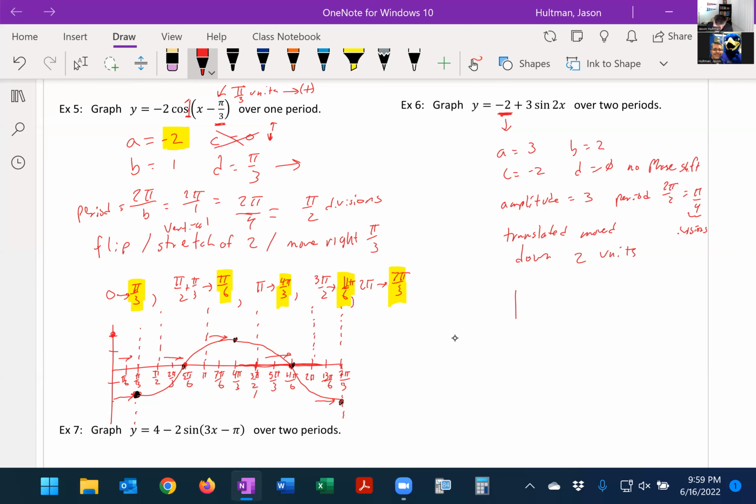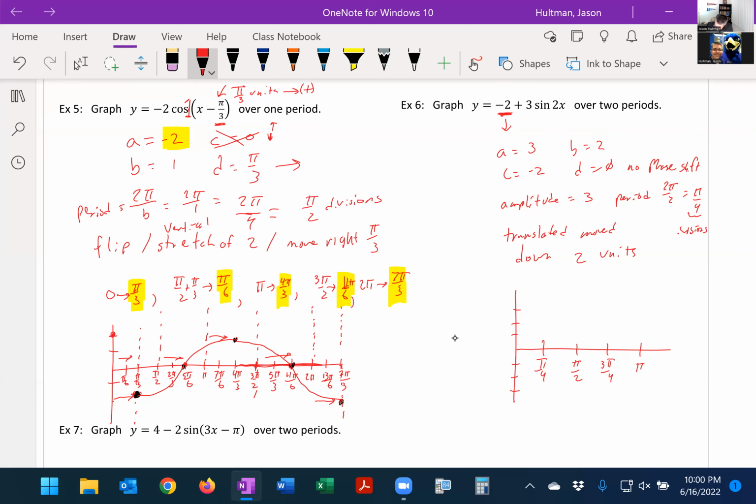Not as complicated as the one before. We have 4 divisions, and each of them is pi/4. So pi/4 plus pi/4 is pi/2, plus pi/4 is 3 pi/4, plus pi/4 is 4 pi/4, pi. The amplitude is going to be 3.